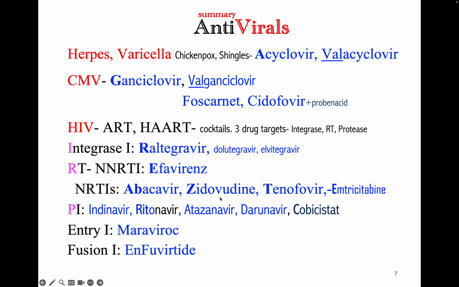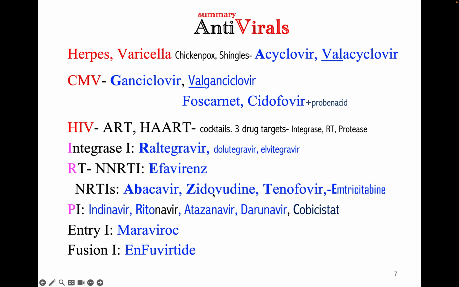Then Zidovudine. What is the major thing to remember? Zidovudine, how I remember is Z for pregnancy. This drug in pregnant patients, I will talk about that. That's important to remember. Zidovudine can be indicated for children and adults, and is a well tolerated drug. During birth, to prevent perinatal transmission, you can give Zidovudine.